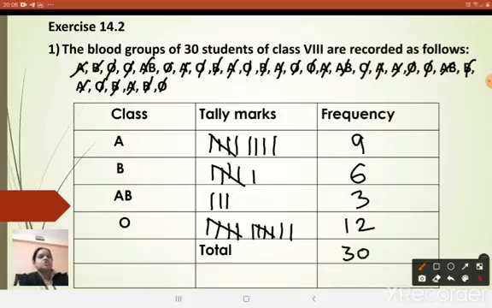You can cross-check your answer here, because what is given is 30 students, correct, and we got a total of 30 over here. So this way you have to solve the sum. In exercise 14.2, all the sums are of the same type. We will continue this exercise in the next period. Till then, thank you so much.